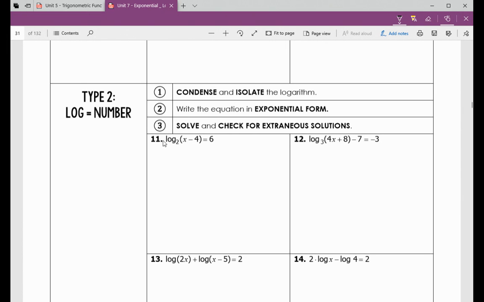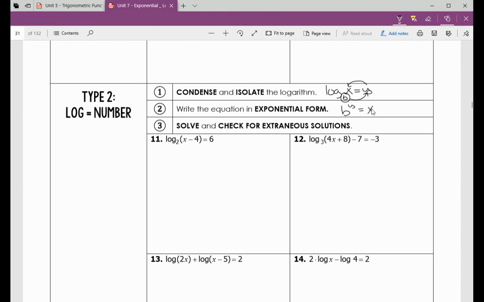Okay, so what we want to do is condense and isolate. So we want log base b of some number x equaling another value. Now, once we get one logarithm equal to a number, we're going to rewrite this as b to the y equals x. You're going to grab that base number, raise it to that power, and set it equal to this number.